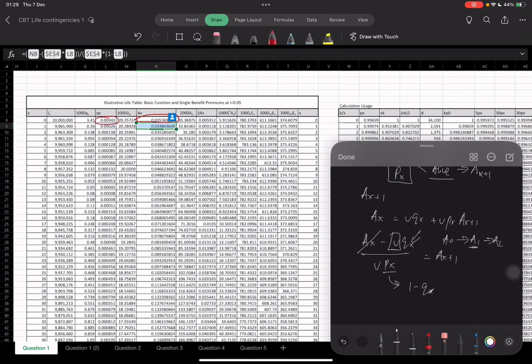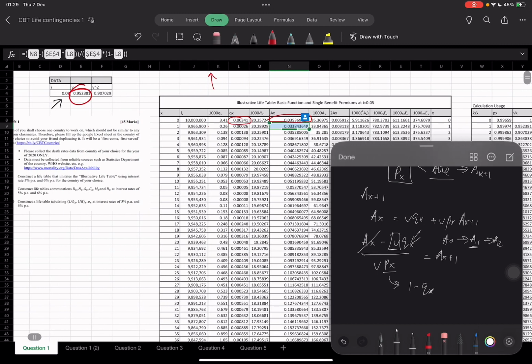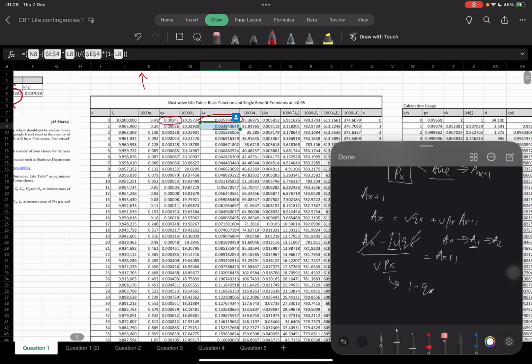Qx divide by V, 1 minus Lx. 1 minus Lx is here. 1 minus Qx is equal to Px, which follows the formula here, and we can get Ax plus 1.